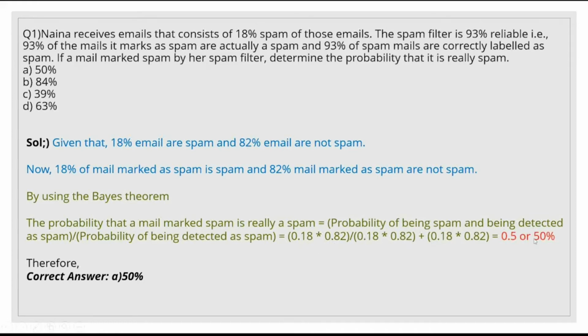Inputting these values, we get the value to be 0.5, which can be converted into 50%. So this implies that 50% is the probability that it is really a spam email.